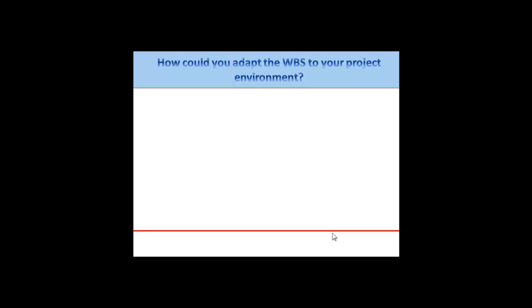As you move into other phases of the project, such as the transition phase, would you have a work breakdown structure for that? How would you put it into operation? How would this link to your governance structure? Would you present the work breakdown structure at a board meeting, around a decision gate possibly? What are the ways that you have to make this work for you in your context?